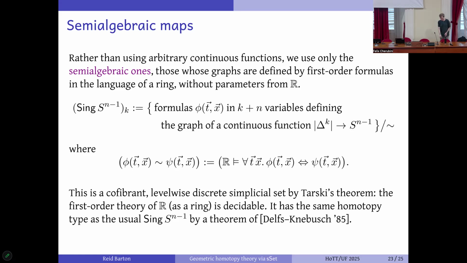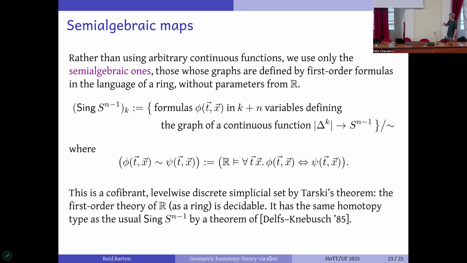Before, I had this problem where if I have a path from the interval, from 0 to 1, into my space X, I can't decide whether or not it's constant. But here I can decide whether or not my formula defines a constant function. Because what does it mean to define a constant function? It just means that for all t and t prime and x, phi(t, x) if and only if phi(t', x).